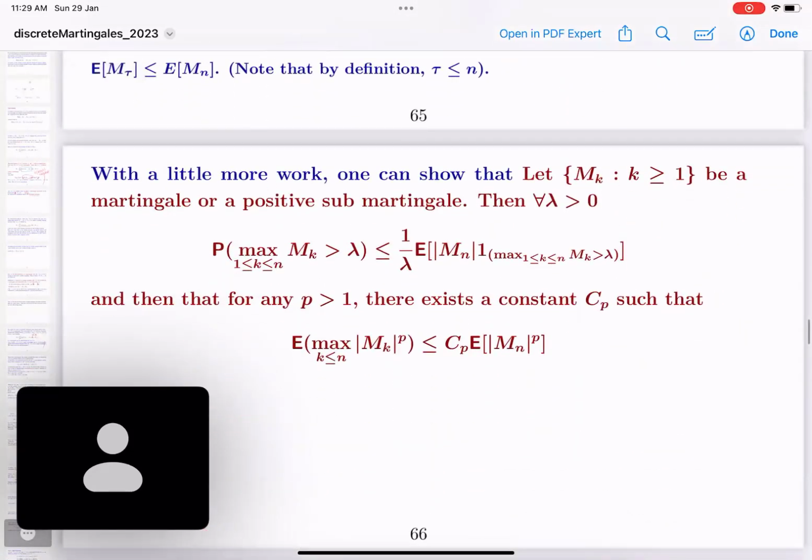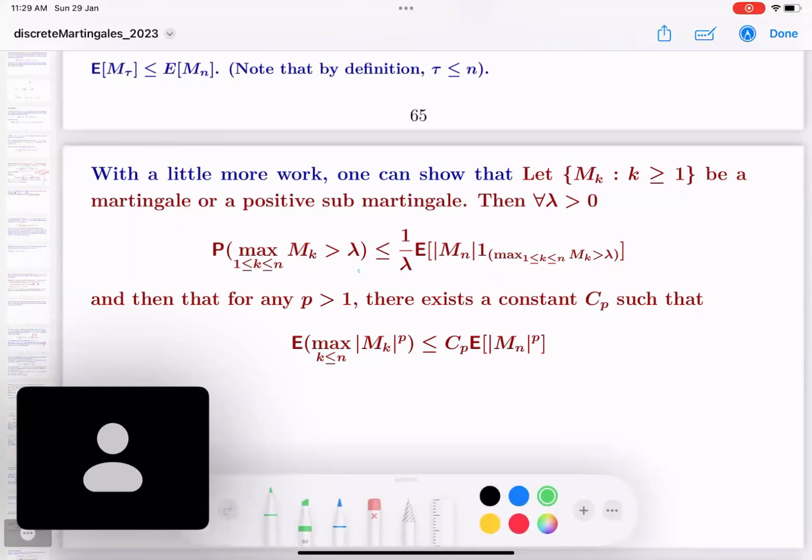This is a remark that with a little more work, we can show the following. Let m_k be a martingale or a positive submartingale. The probability that it is bigger than lambda is less than or equal to 1 by lambda times the expected value described like this. And in turn, it tells us what is called the L^p inequality for martingales, that the L^p norm of the maximum is always less than or equal to the L^p norm of the endpoint.